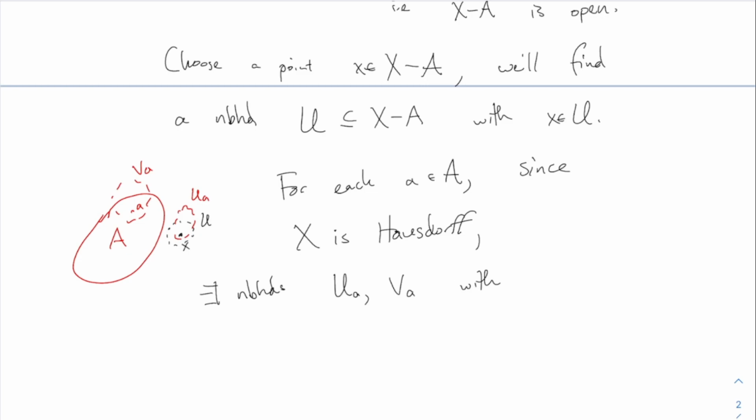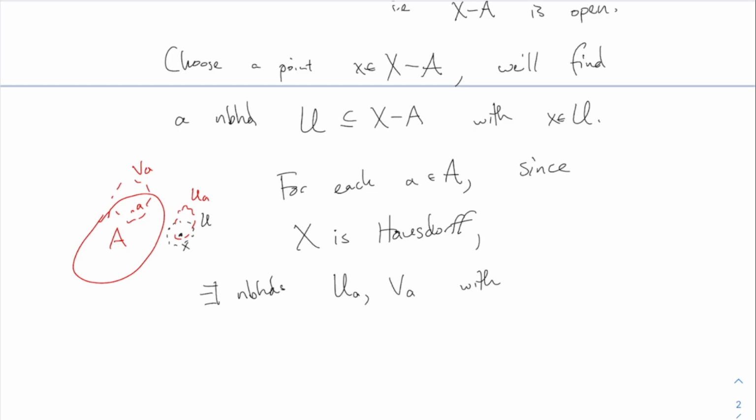All right. This set that I wrote before, U, is what we are trying to find eventually, which excludes all points of A. But from the outset, all we know is that there's a set around the little a and a set around the little x, so that those two sets are separate. So there are neighborhoods, UA, VA, with, I'm going to try and just write what I indicated in the picture.